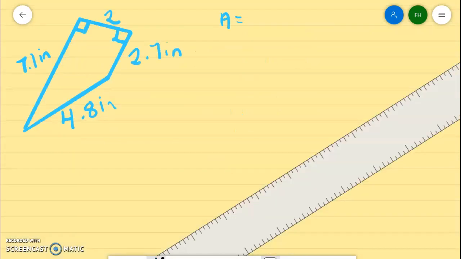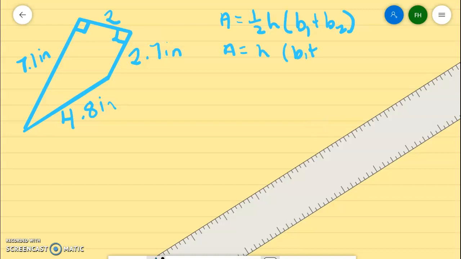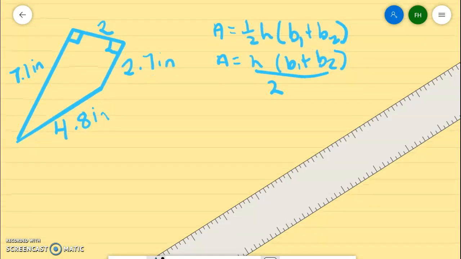Okay, this is another trapezoid because we have the 2 bases and the height. Remember, 1/2 height times the sum of the bases, or your height times your sum of your bases divided by 2. Don't get this confused with the area of a triangle.